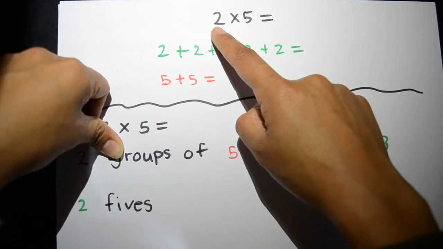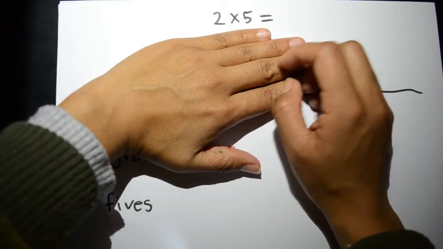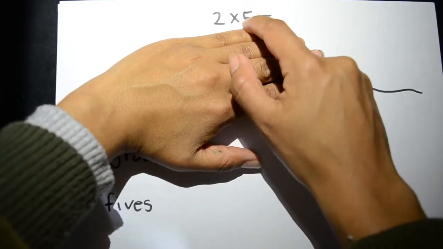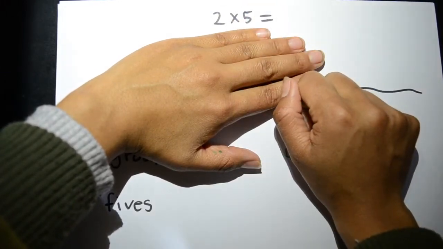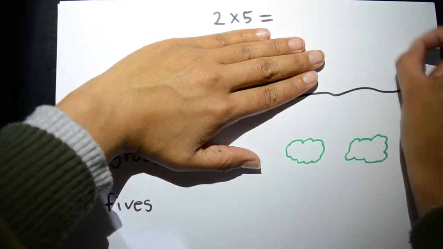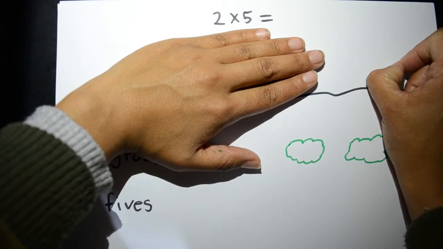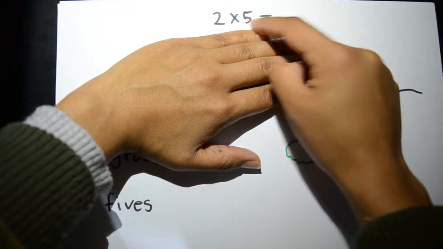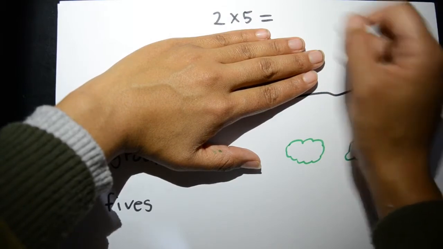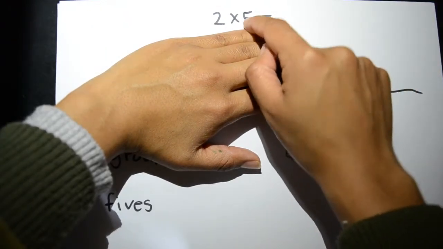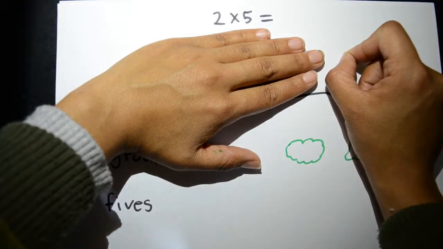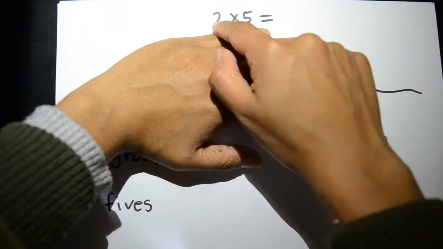If I look at 2 times 5 just like that, I can decide, okay, I want to count in 2's, and then the other number shows you how many times you must repeat it. So I'm going to count in 2's, so I'm going to put my 2's down. How many times must I put my 2 down? 5 times. And let's say, no, I don't want to count in 2's. Let's say you want to count in 5's. Then I'm going to put my 5's down and count in 5's. And how many times must I put my 5's down? 2 times.